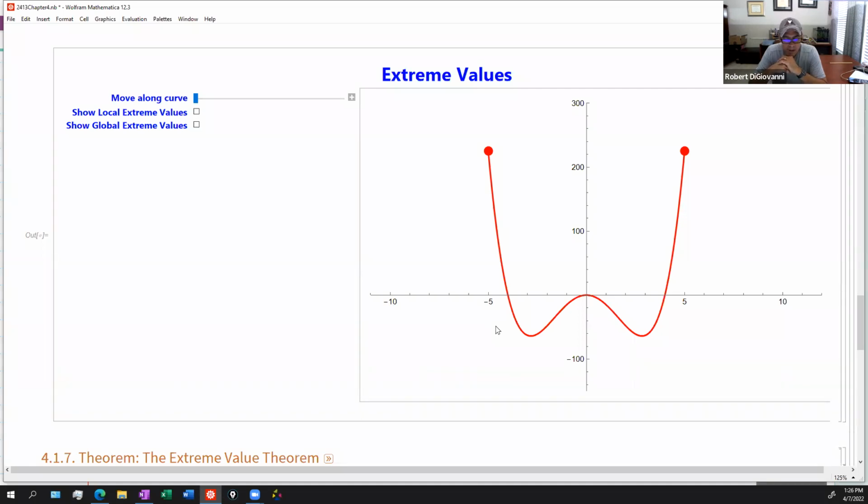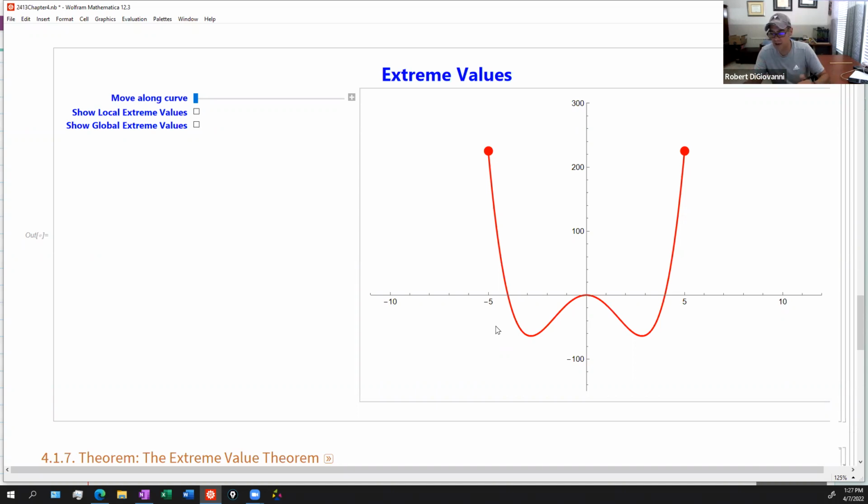What do you think? How about globals? Do we have a global maximum? We have two of them. Okay, so I heard someone say we have two of them, right? Well, we actually only have one global maximum value. It happens at two different places, but there's only one highest value.